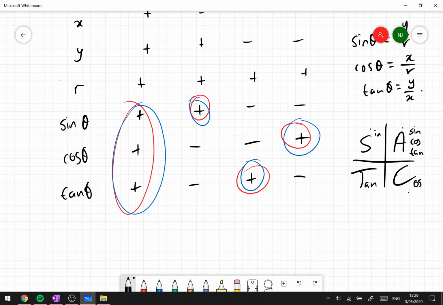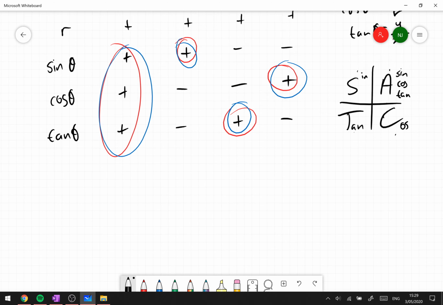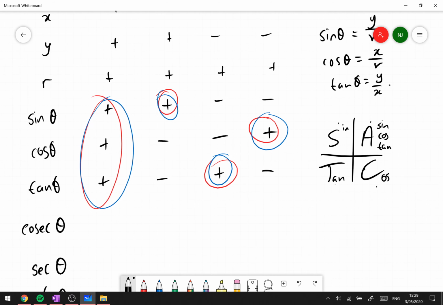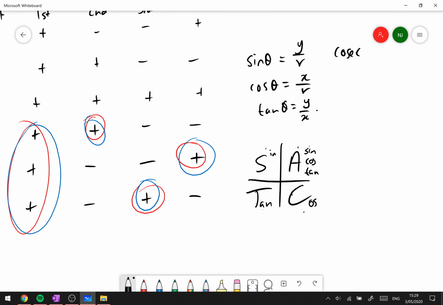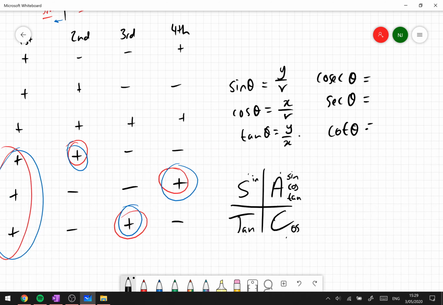Okay, so now let's move on to the other ones. The new ones: cosec, sec, and cot. So remember to define them, they are just not the inverses, but the reciprocals of the other ones, or their partners.